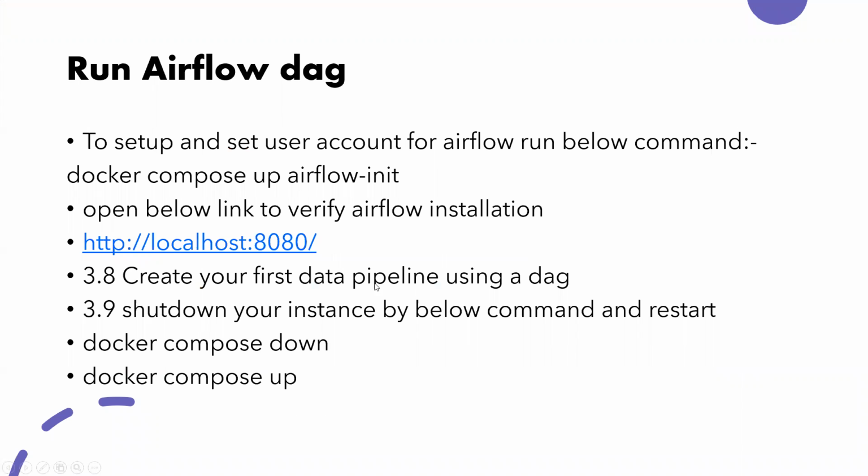After the installation, we need to open localhost in the browser, and there you will see the Airflow UI. I will show you how it looks. The next step is how to create your DAG and new pipelines. You can shut down Airflow by using docker compose down.